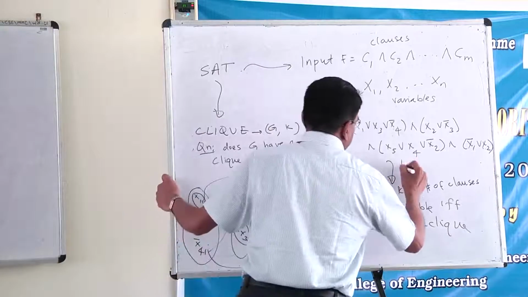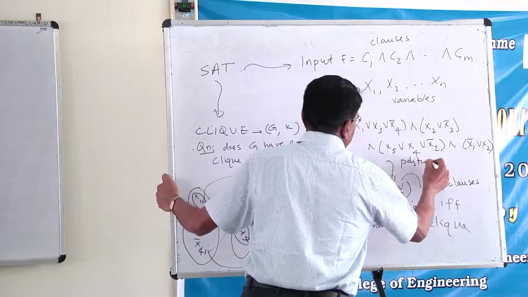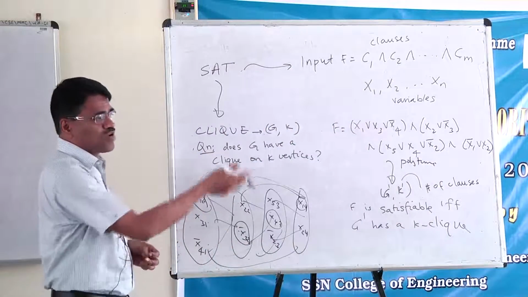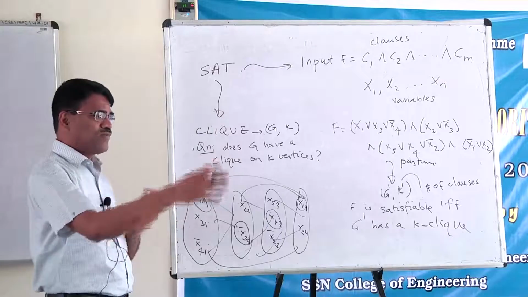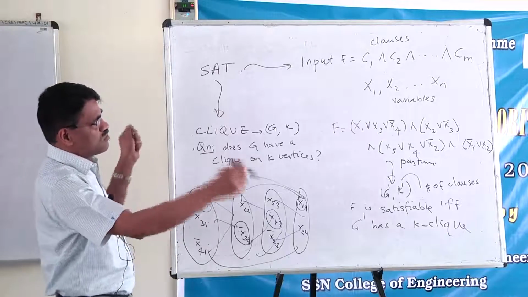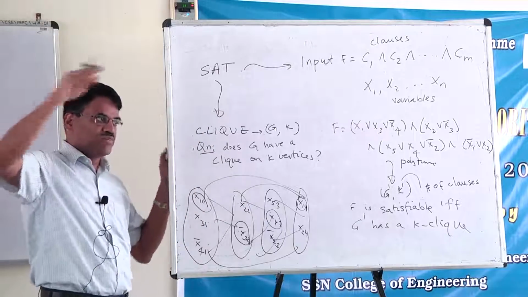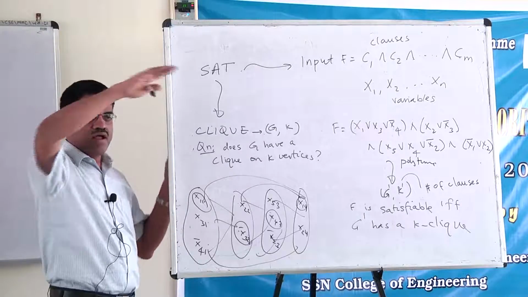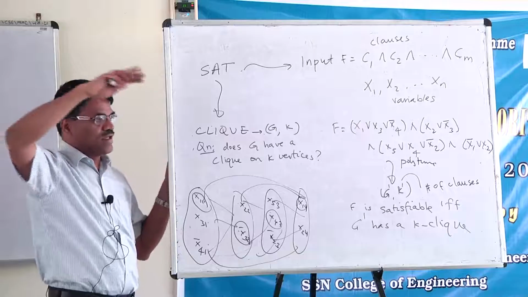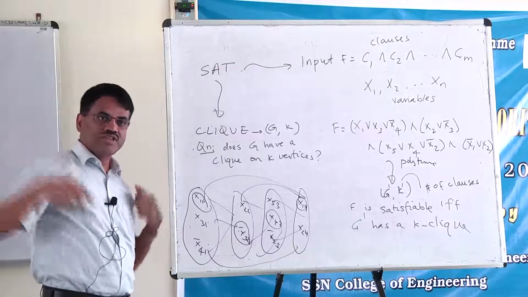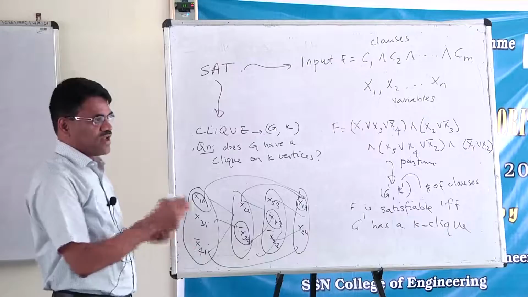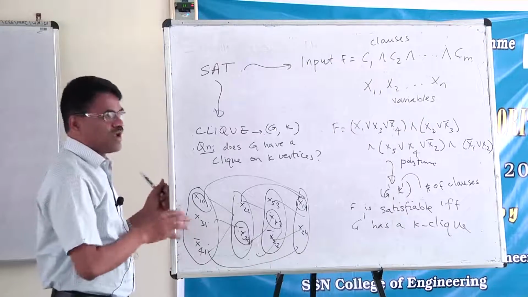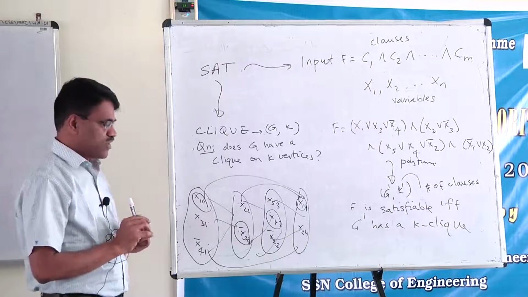I'm promised poly time. That's no problem, right? The running time is like n squared or something. I duplicated, but the size of the formula is the total number of variables, including if a variable appears here and here, it does contribute to the size separately. So I have this total size and I've spent some n squared time to construct this graph. So polynomial time computation. But you'll see a problem here when I revert back to a satisfying assignment.